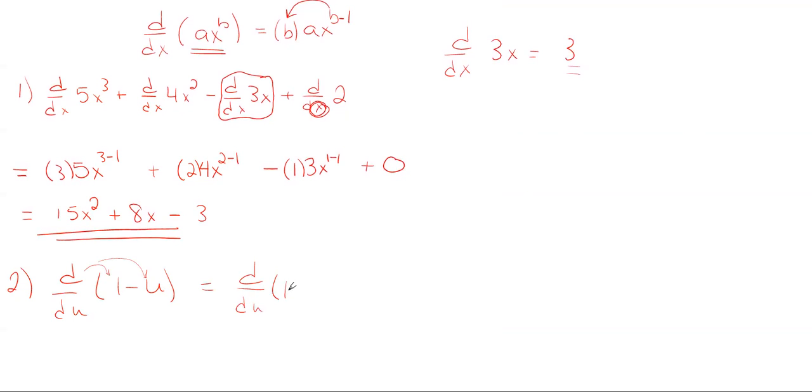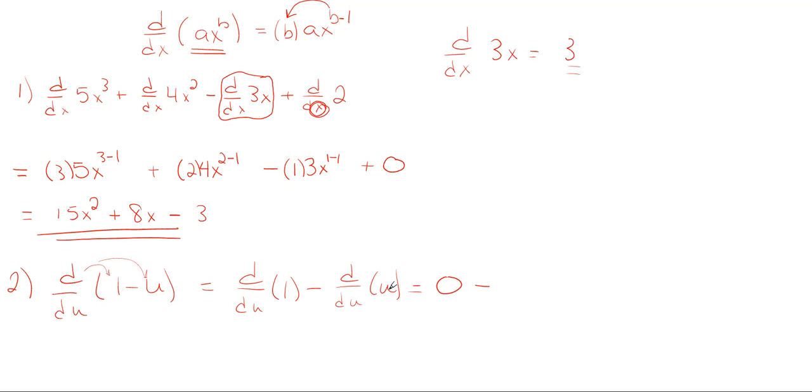So we have d du of 1 minus d du of u. And this one is quite easy and quite simplified here already. If we're taking the derivative with respect to u of a number that does not contain u in the expression, it drops to 0, just like the first one here of d dx of 2. This first one of d du of 1 becomes 0.